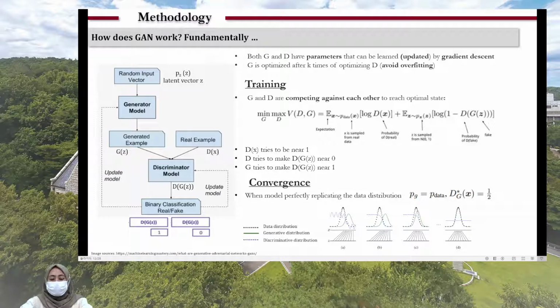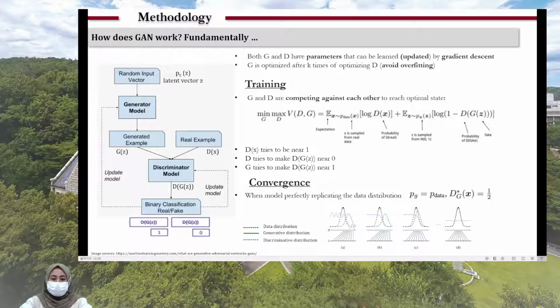Both generator and discriminator have parameters that can be learned or updated by gradient descent. The generator is optimized after k times of optimizing the discriminator to avoid overfitting. After that, the generator and discriminator compete against each other, playing a min-max game where the discriminator tries to make the probability of fake near 0, while the generator tries to make the probability of fake near 1.